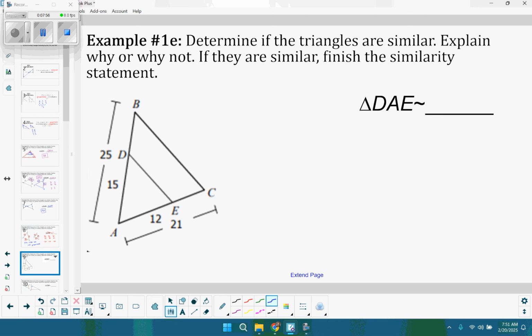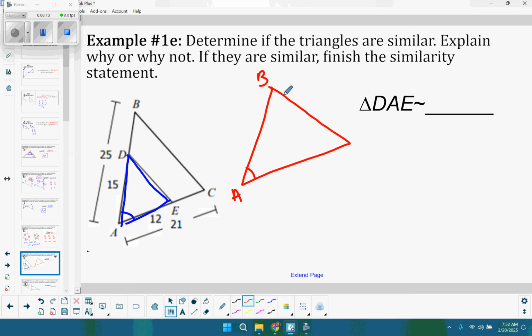Example 1E, we have another pair of overlapping triangles. So for this one, we have triangle DAE, which has angle A in it, and we had the larger version, also with angle A in it, of BAC. They did tell us the whole length of AB here was 25, and they did tell us the whole length of AC here was 21.